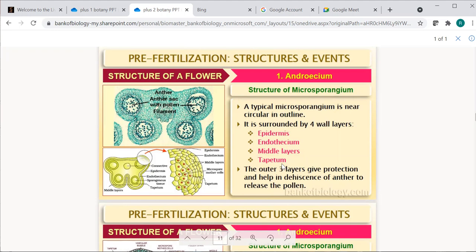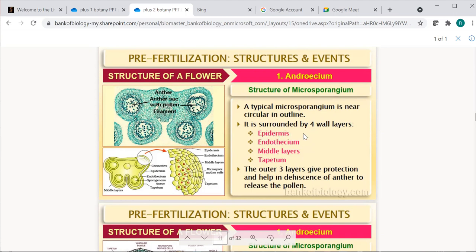So endothecium is the one which is hygroscopic in nature, which means it absorbs water. Endothecium absorbs water, so it is called as hygroscopic. It is also a fibrous layer due to the presence of thick fibrous thickenings.